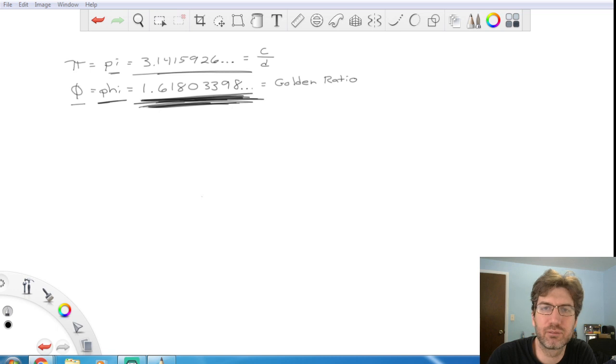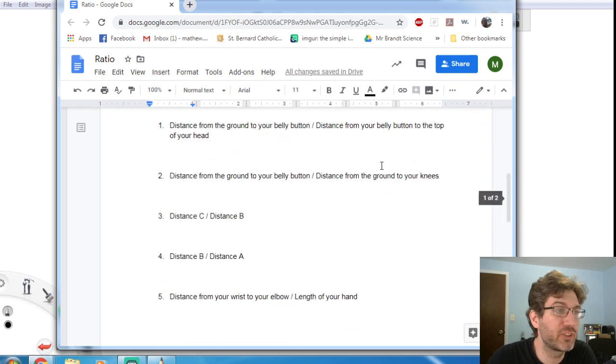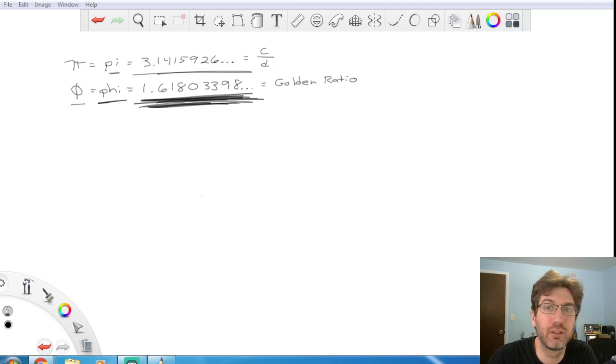Again, I can't really grade this for accuracy due to the fact that you're all going to measure differently. But these measurements here are all going to be different for everybody. You're all different sizes. So I don't know what your actual measurements are. It doesn't really matter to me. These numbers that you get from your measurements, those all should be roughly around the number phi, which is 1.618.